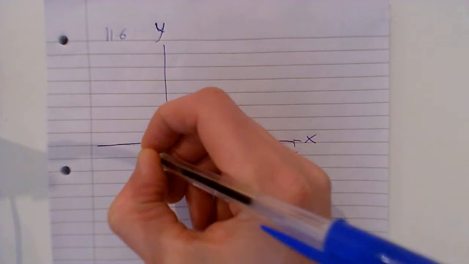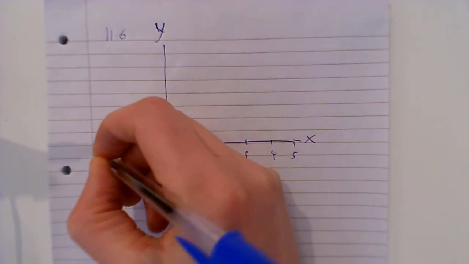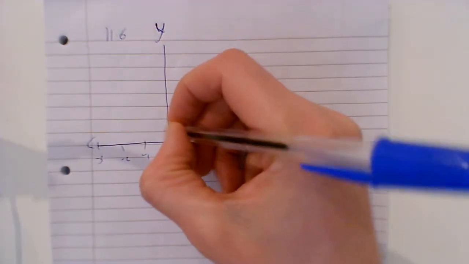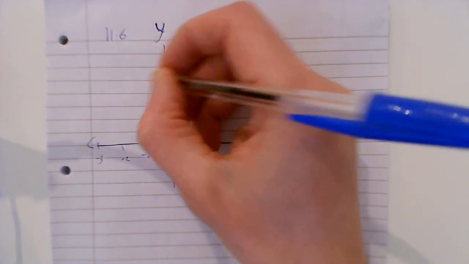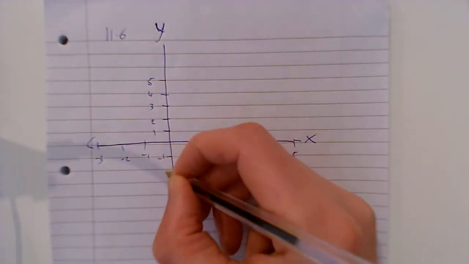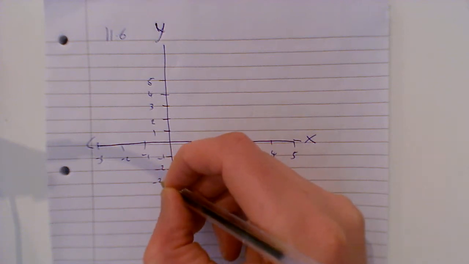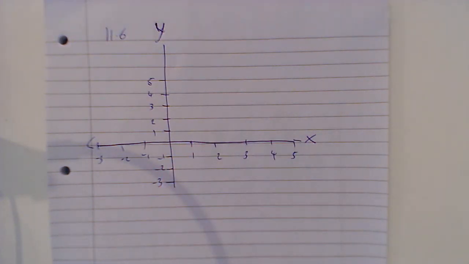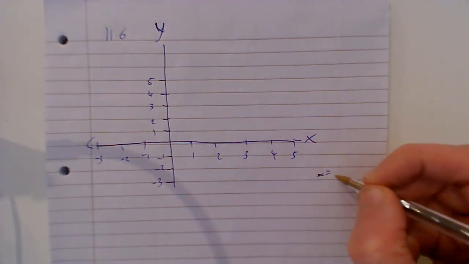Yeah, to go on for -1, -2, -3. 1, 2, 3, 4, 5. -1, -2, -3. Okay, so if I say to you, draw the line x equals to 1.